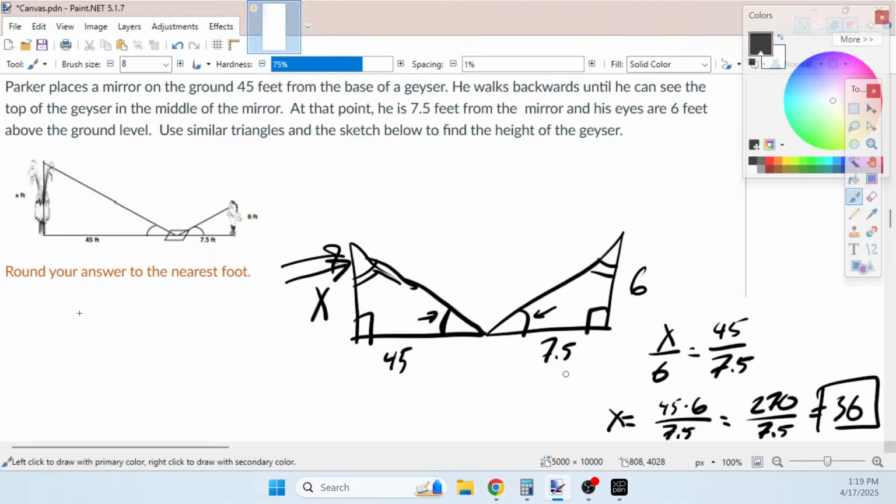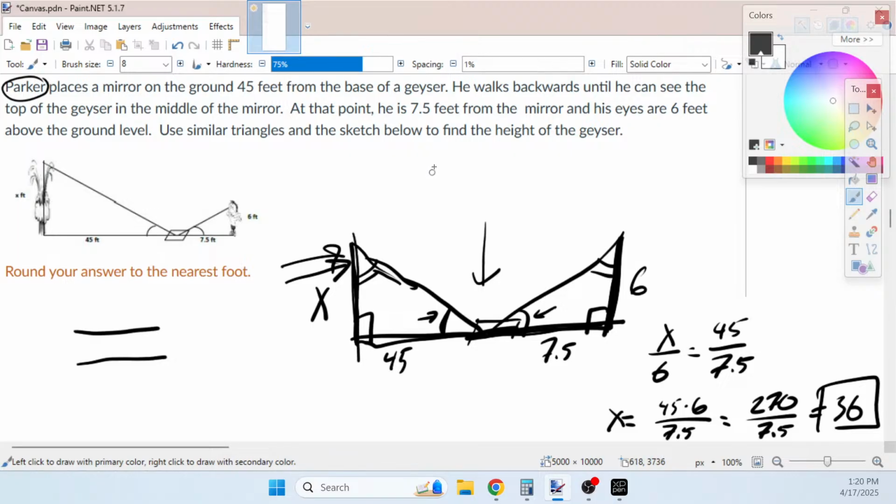The important thing with the ratios is that I have to keep categories lined up correctly. For instance, on the problem we did with the geyser and the person with the mirror on the ground between them, I have Parker's distance from the mirror and the geyser's distance.